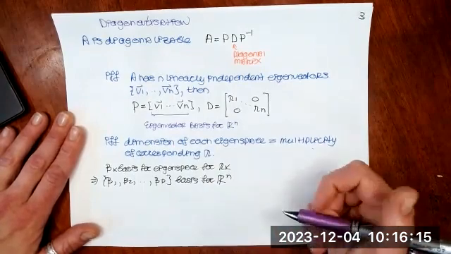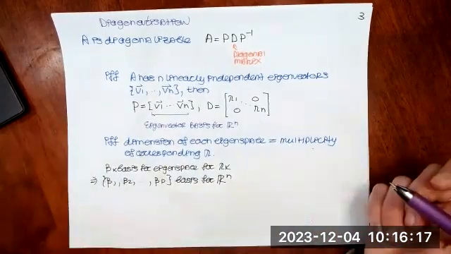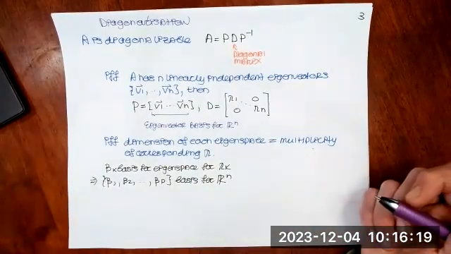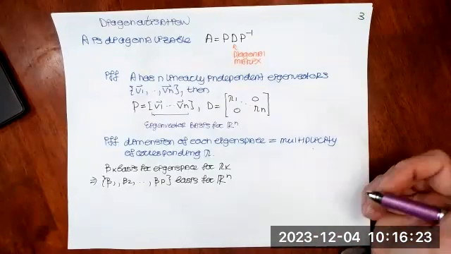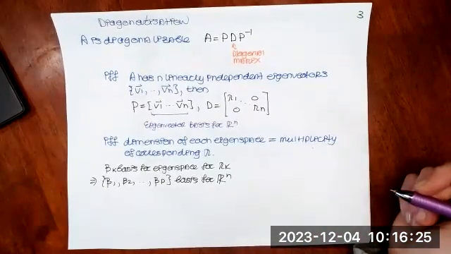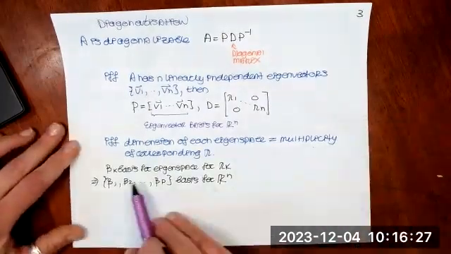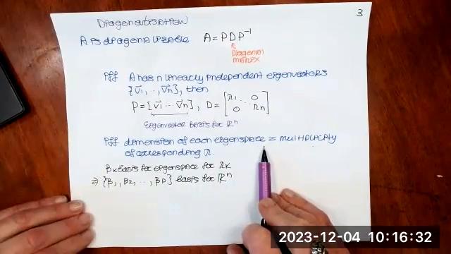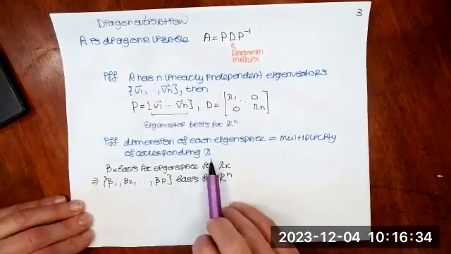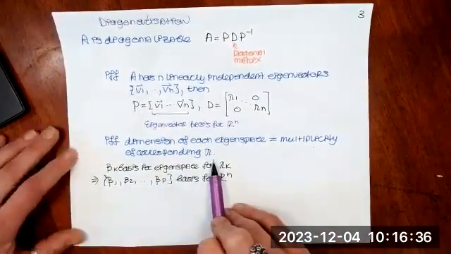So if I have an eigenvalue of multiplicity 2, and I'm solving for eigenvectors and I'm only getting one eigenvector, not two, I can't diagonalize that matrix. But if the dimension of the eigenspace for each one of the eigenvalues equals the corresponding multiplicity of the eigenvalue, then I'm good.